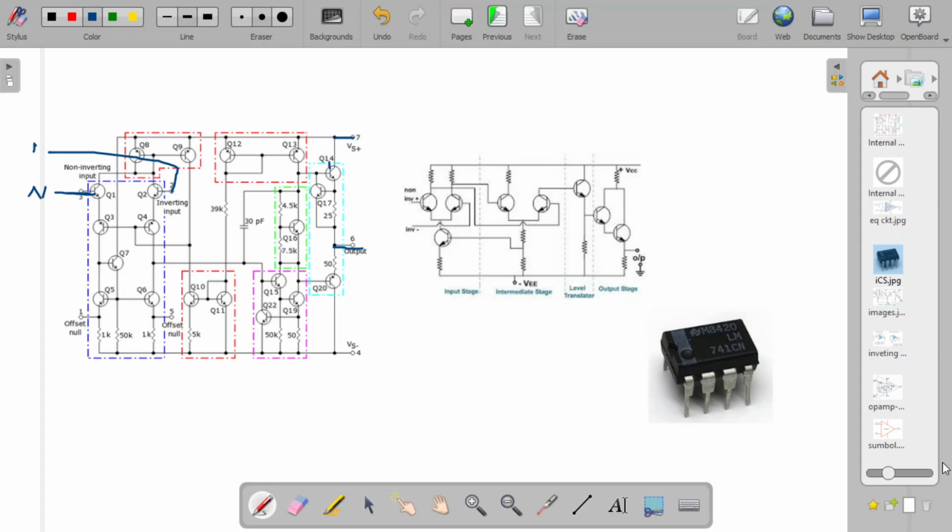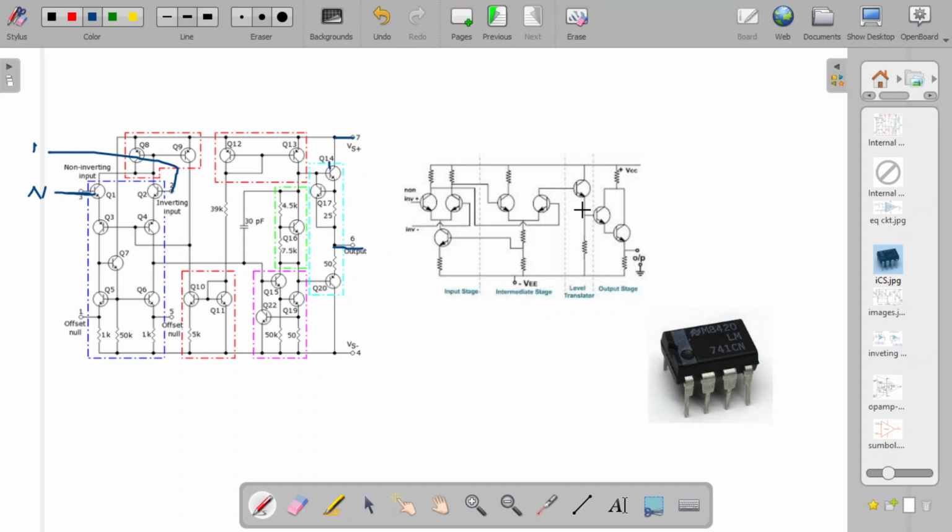Now shown here is also another form of this, which is actually what is taking place inside. There are different stages within the package which you see here, and the whole thing together can be classified into different stages. One is the input stage, and another is the intermediate stage. Then you have a level shifter, then you have the output stage.